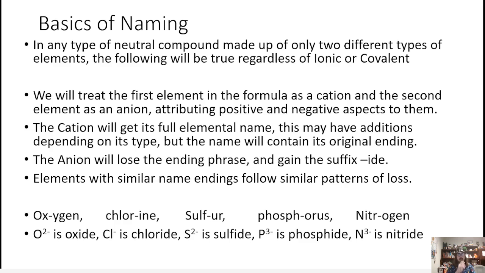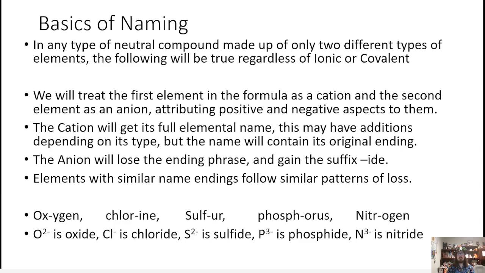And the second element will be treated like an anion. We're going to attribute positive and negative aspects to each element. That's going to be how we order these elements. It's always cation first, followed by the anion.